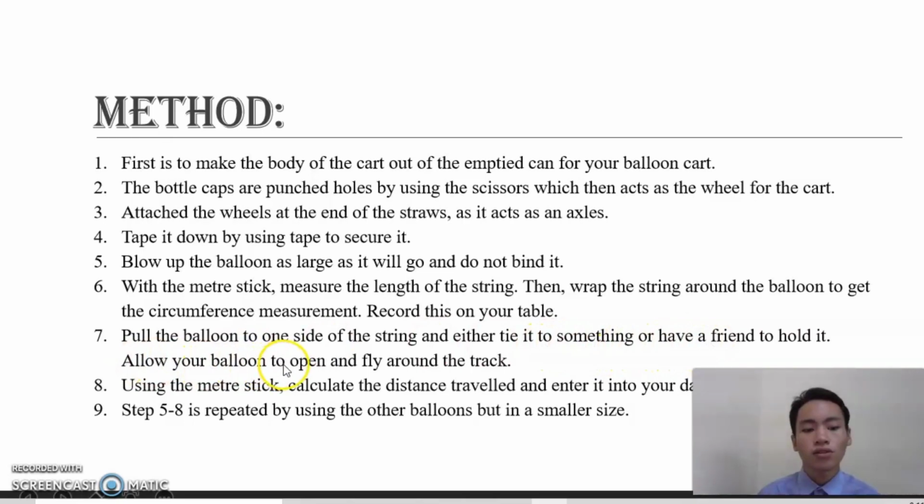Allow your balloon to open and fly around the track. The eighth step, using the meter stick, measure the distance traveled and enter it into your data table. The final step is to repeat steps 5 to 8 using the other balloons but in a smaller size.